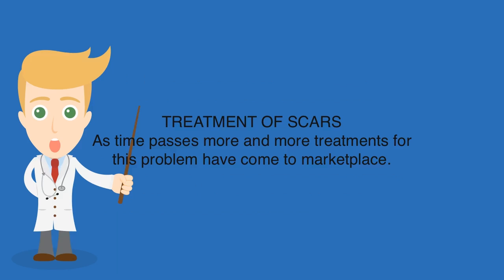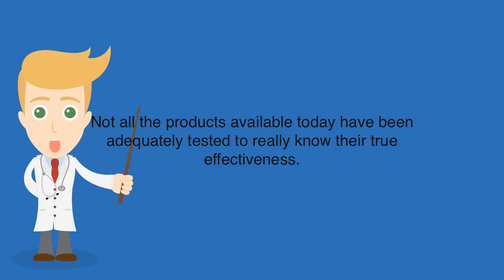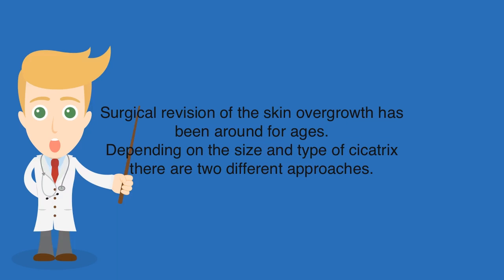Treatment of scars. As time passes, more and more treatments for this problem have come to the marketplace. Not all the products available today have been adequately tested to really know their true effectiveness. Surgical revision of the skin overgrowth has been around for ages. Depending on the size and type of cicatrix, there are two different approaches.